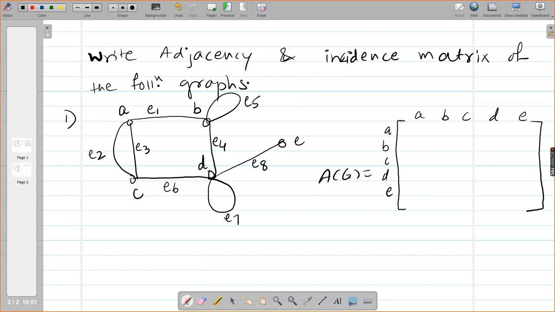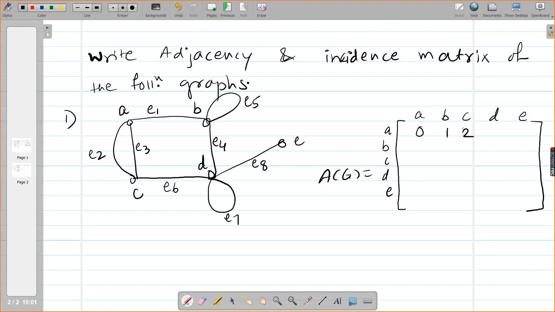So first row, A to A, there is no edge. A to B, A and B are adjacent. You have to ask the question: A is adjacent with which vertices? B and C. With B, there is only one edge. With C, there are two edges. So you will write 2 here.